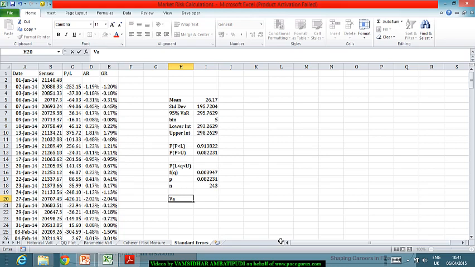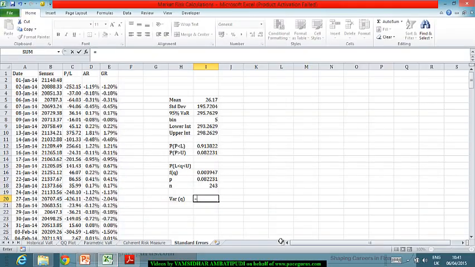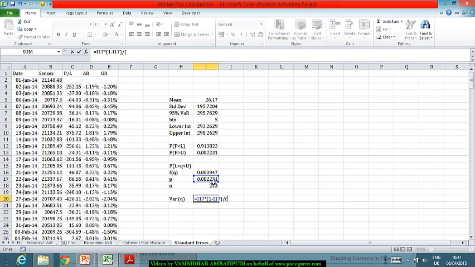So based on this, I can very well compute the variance that is associated with Q. Approximately it is equal to P times 1 minus P divided by n times f of q square, that is n times f of q square.